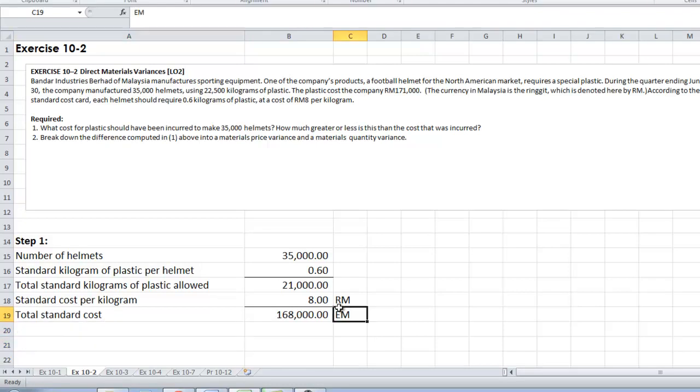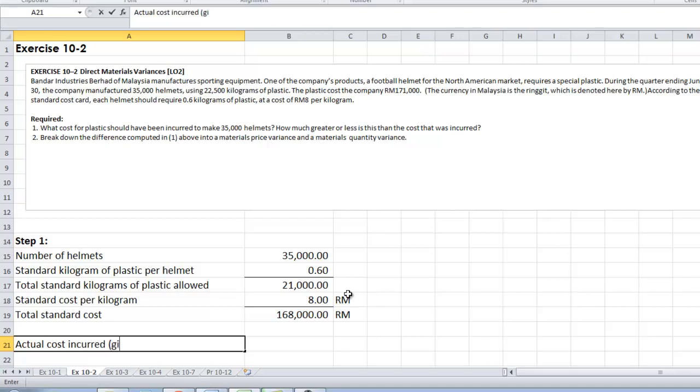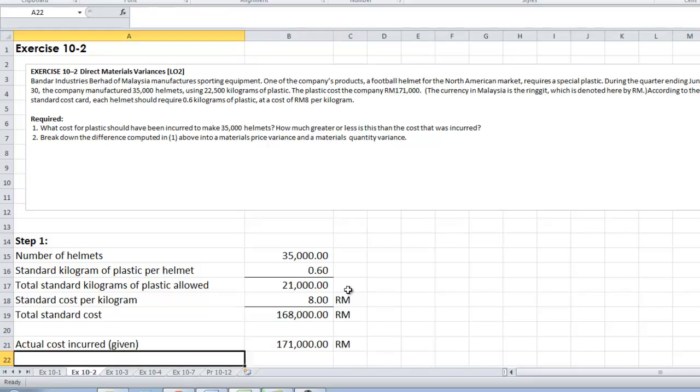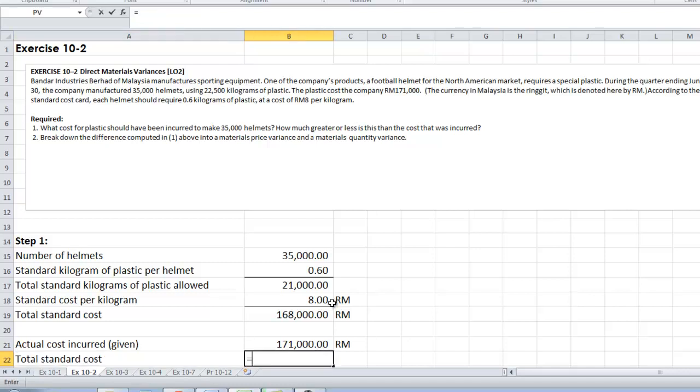Now that we know what we should have had, let's figure out what we actually had. Actual costs incurred. This was given. They said in the problem we incurred 171,000 RM. Total standard cost, we calculated from above.